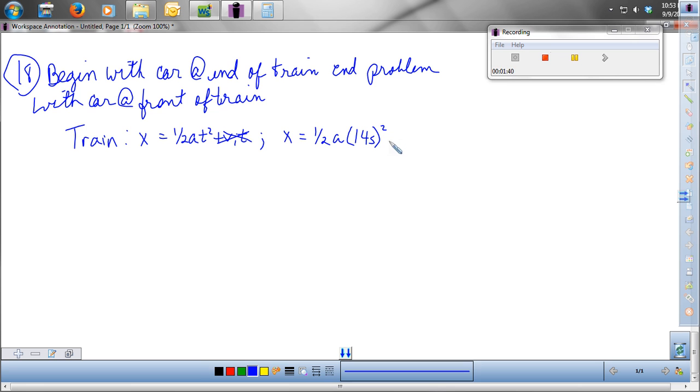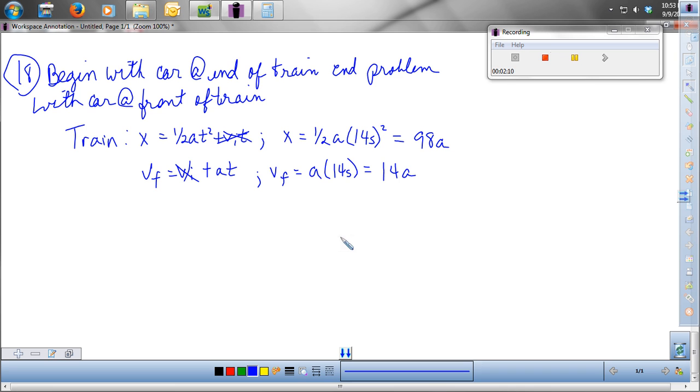So when I did that, I got that first distance for the train to be 98 times whatever the acceleration was. Okay? And then I said that Vf is equal to Vi plus At. That's 0 because it started from rest. So for the train, Vf is simply A times 14 seconds. So it's 14A.